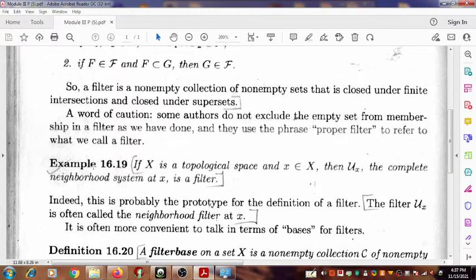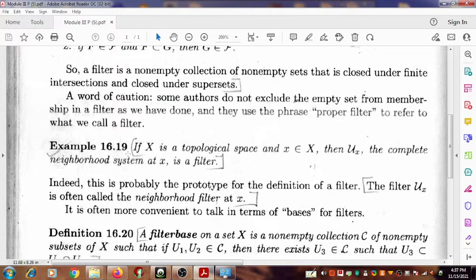Then we need some examples. So of course we want examples. The first example is a straightforward one. Let X be a topological space and let small x be a point in X. Then script U_x, the complete neighborhood system of x, can make a filter.